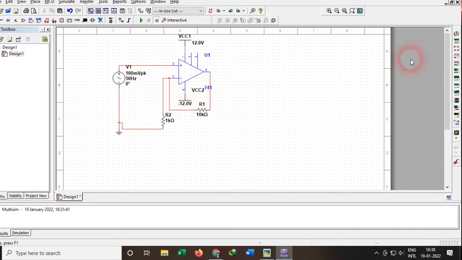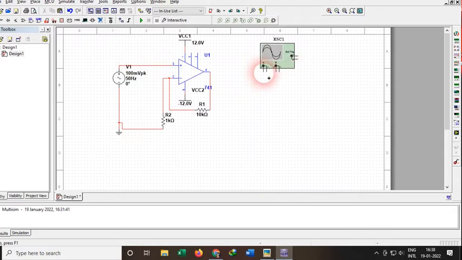Now I would use my oscilloscope here. This is a 2-channel oscilloscope. One channel I would connect with my output, that is pin number 6, and the other input of this oscilloscope I would connect with the power source here.